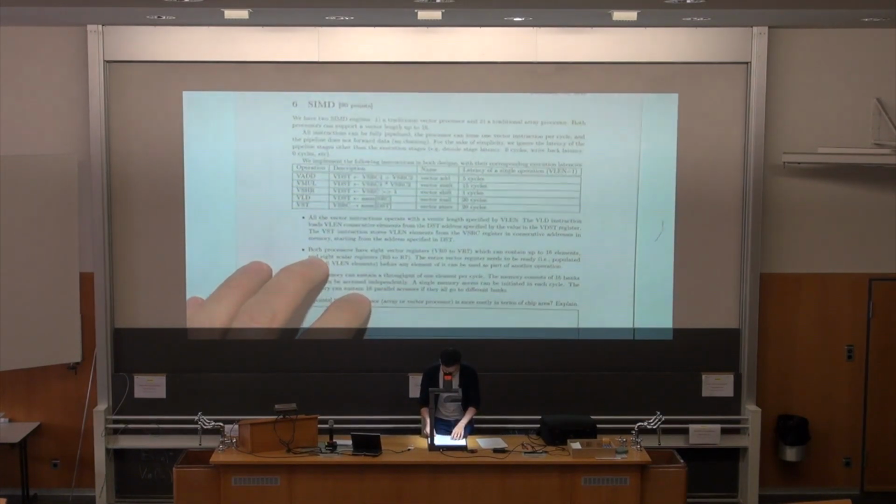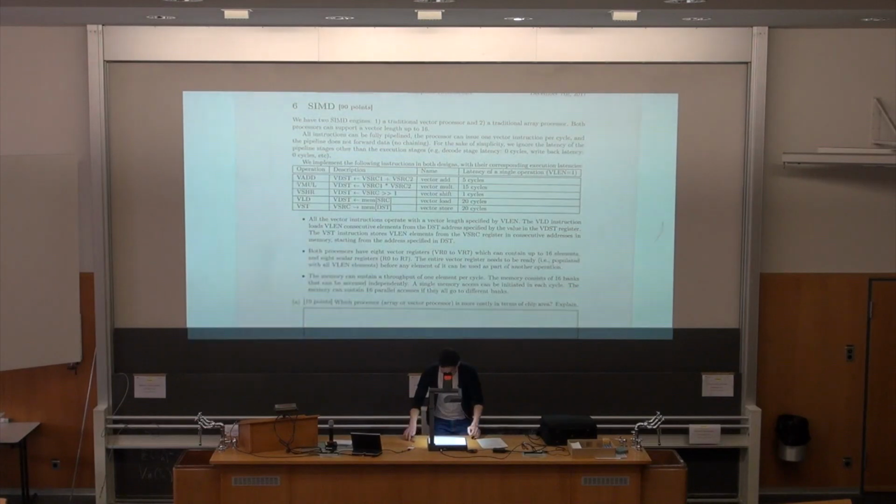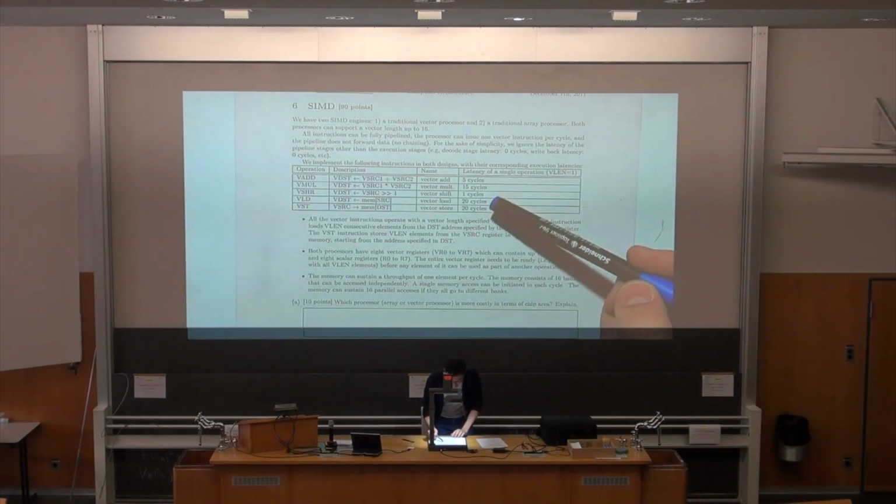Okay, so as you can see, the question starts saying we have two SIMD engines, one is a traditional vector processor and the other one is a traditional array processor, and they can have a vector length of up to 16. All instructions can be fully pipelined, and we are given some latencies for the instructions.